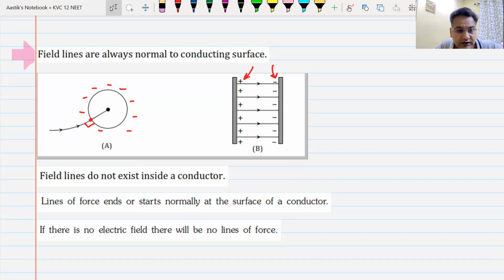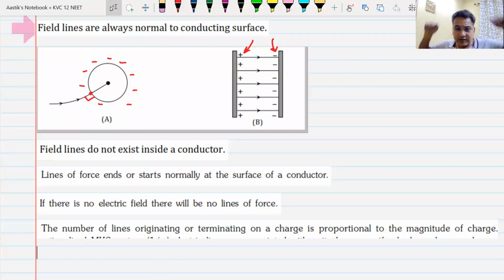Now, the number of electric field lines. What can you say about the number of electric field lines? Electric field lines come out of or terminate on a conductor. If the number of electric field lines is more, the magnitude of charge is more. If the number of electric field lines is less, the charge is less.